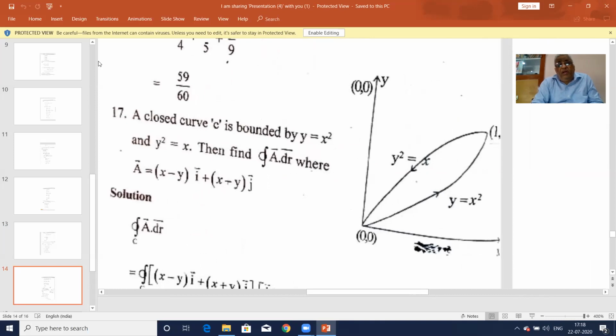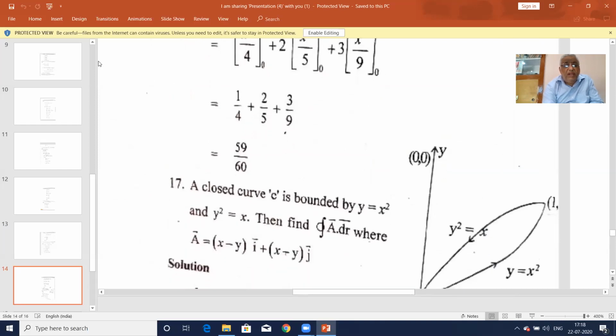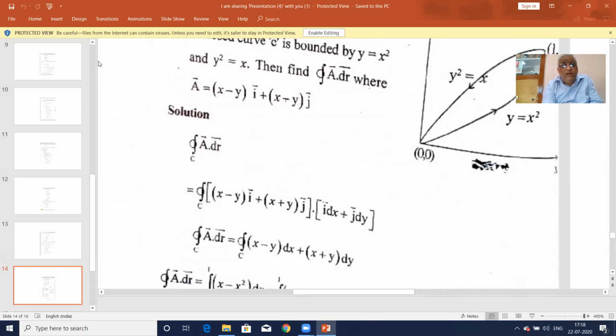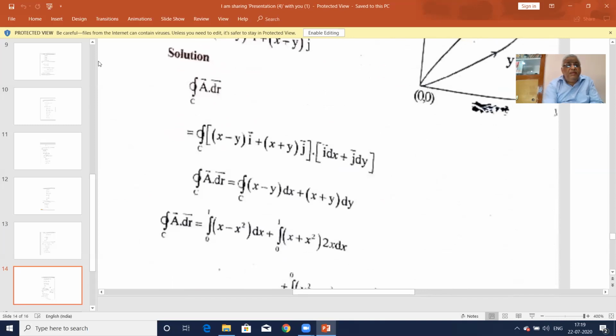You take the origin, with the right side as the x-axis and the vertical side as the y-axis. Draw the curve y equal to x square, that is, x square is equal to y, and y square is equal to x. Substitute A dot first, and find A dot dr. Substituting, we get (x minus y) dx plus (x plus y) dy.